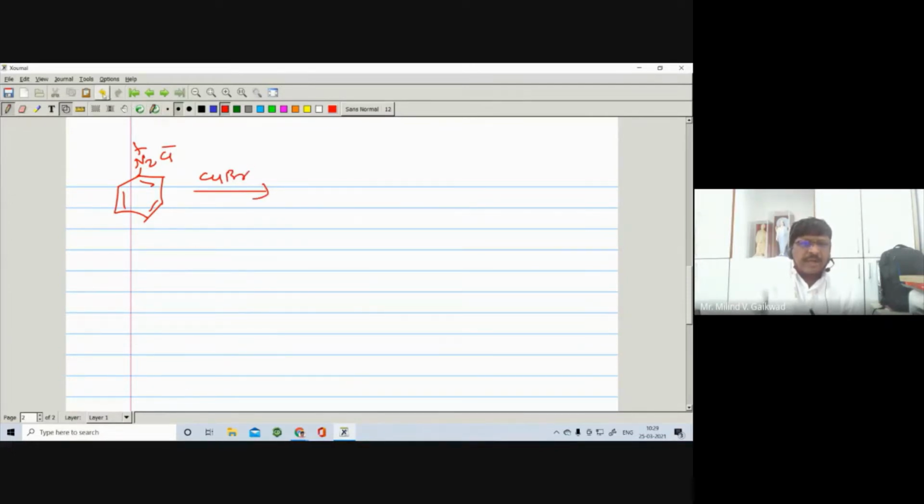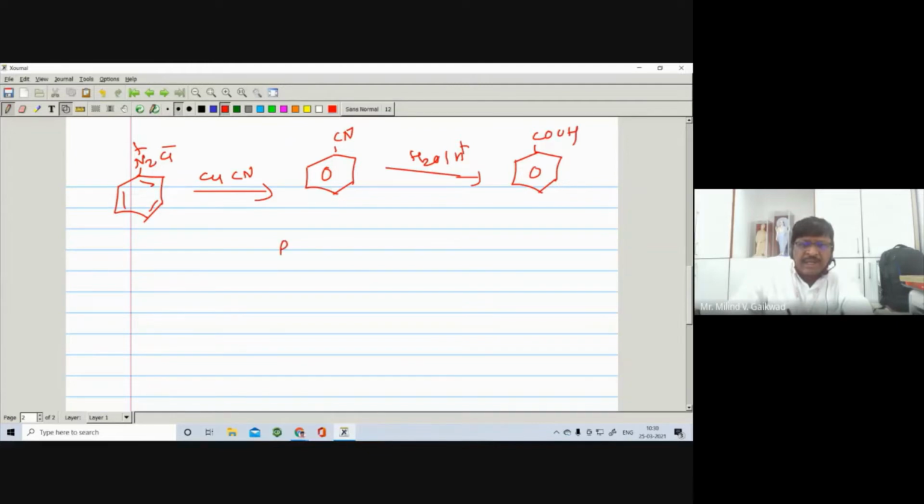If you take cyanide, then there is an attack of CN minus on the benzene nucleus, and there is a formation of cyanobenzene. When this cyanobenzene undergoes hydrolysis, addition of water in the presence of acid, the CN will convert into COOH, that is a carboxylic acid.